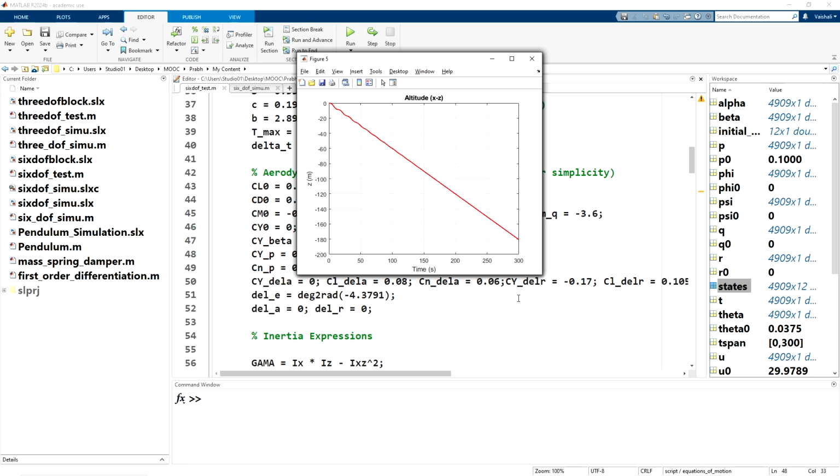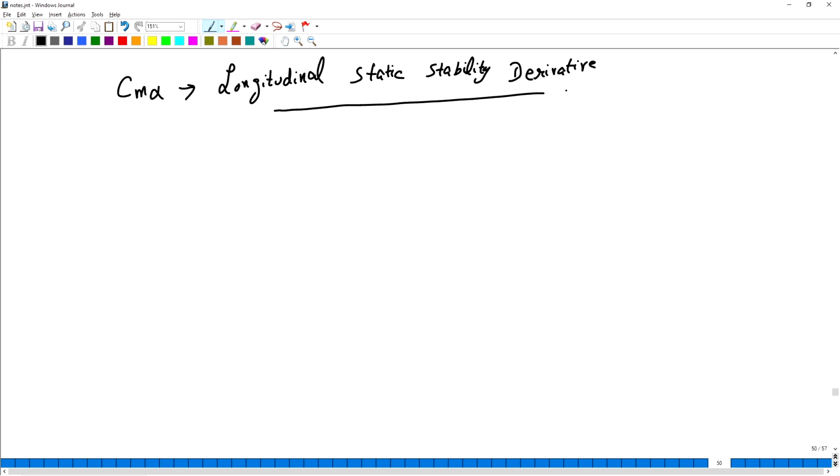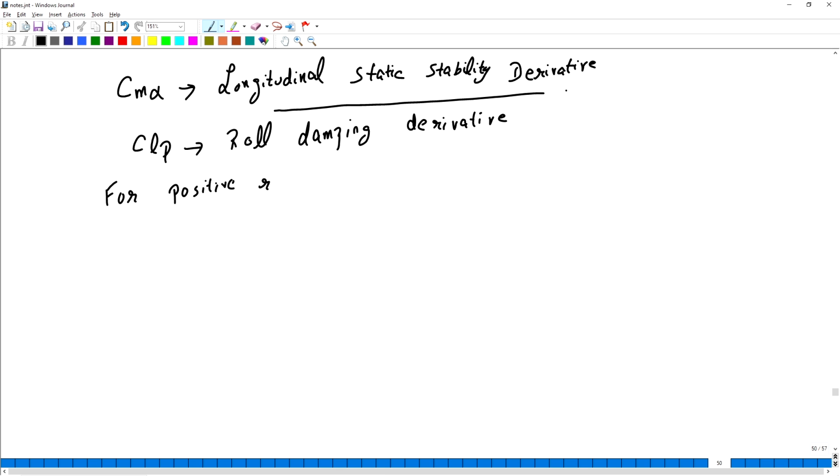Now what is CLP? Let me write it down. CLP is nothing but the roll damping derivative. All right. So for positive P, for positive roll rate, what do you mean by positive roll rate?